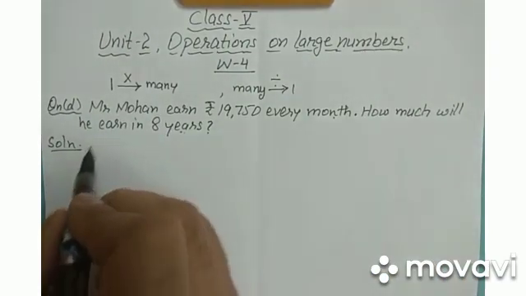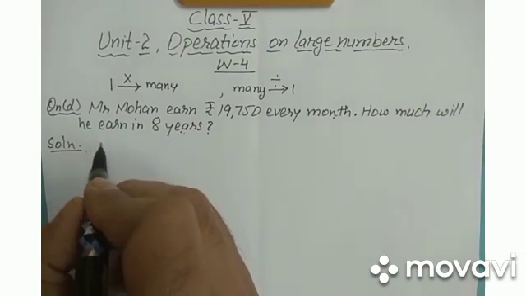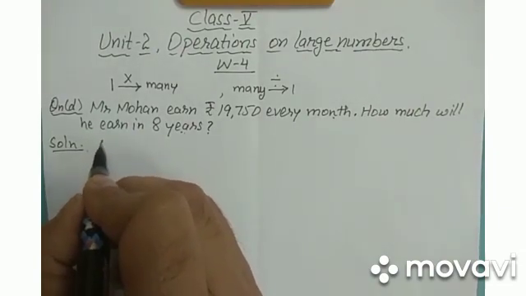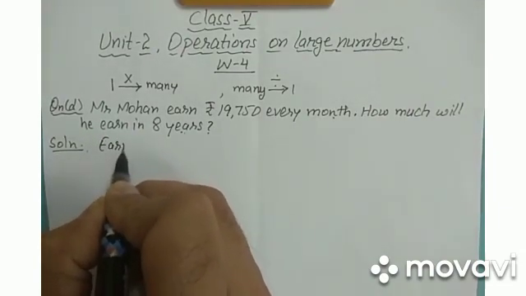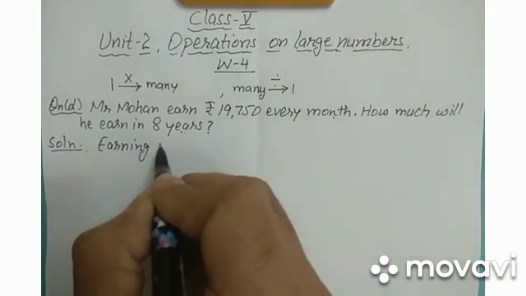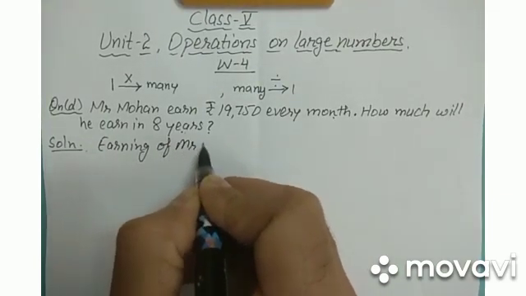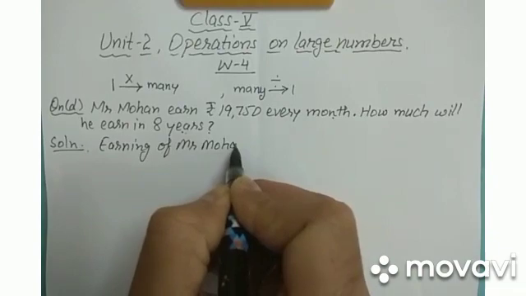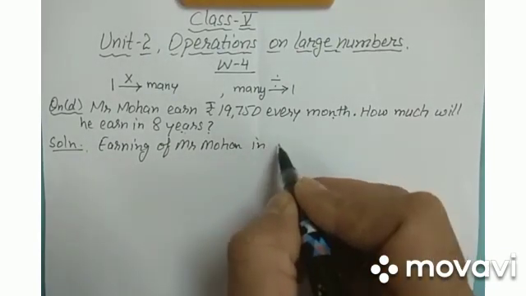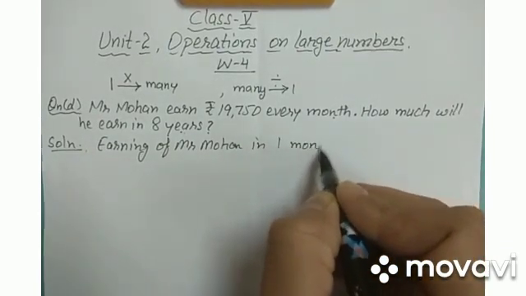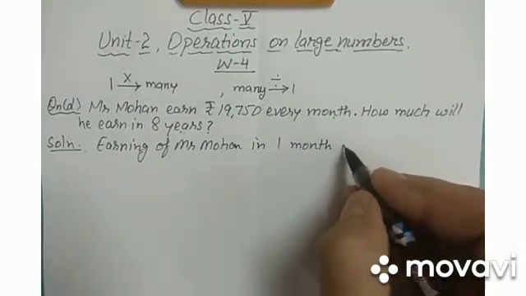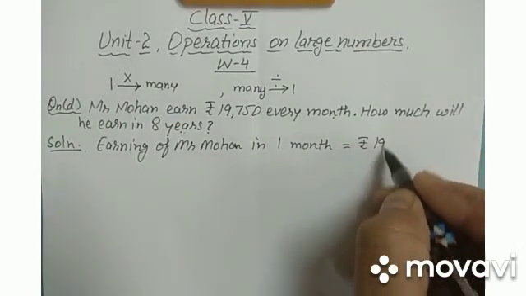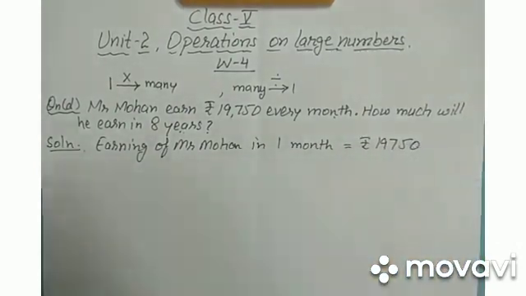So what is given? Earning of Mr. Mohan in 1 month is rupees 19,750.